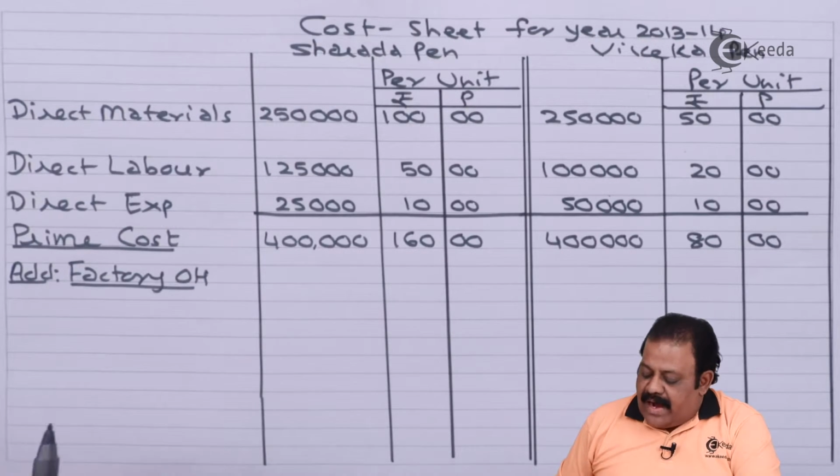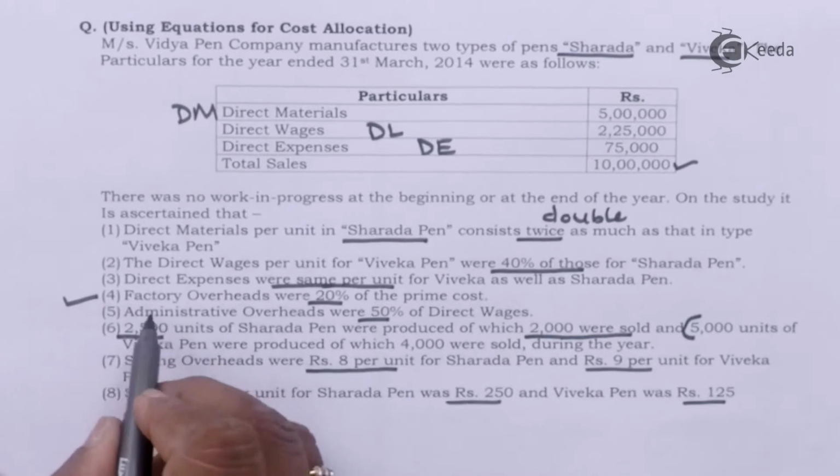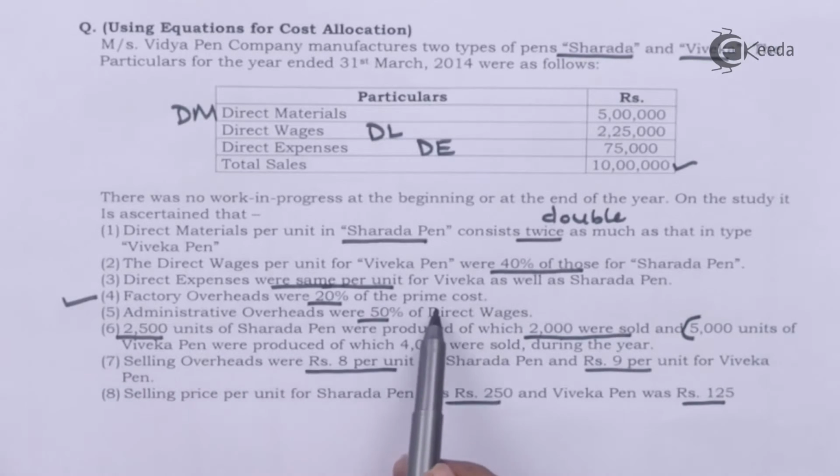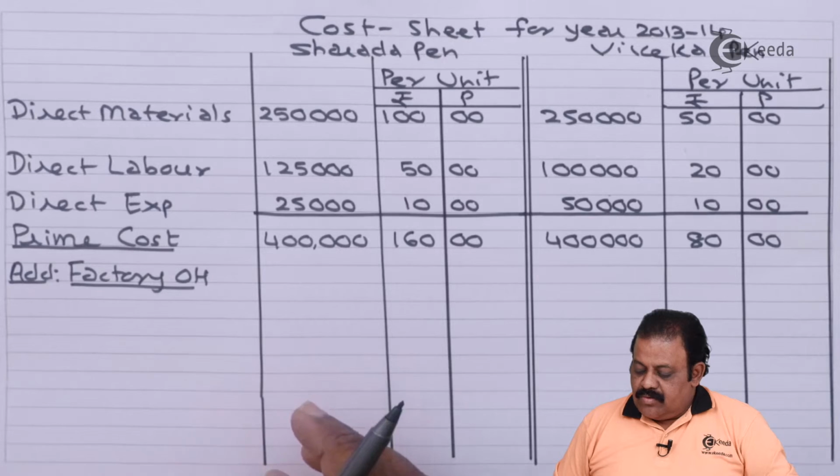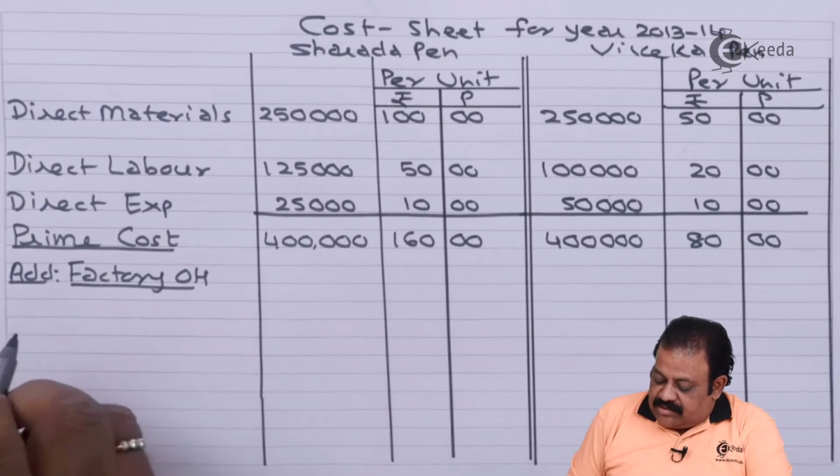To this we are required to add factory overheads. Factory overheads were 20% of prime cost. So we have to take 20% of prime cost.